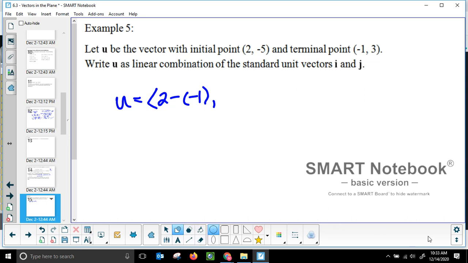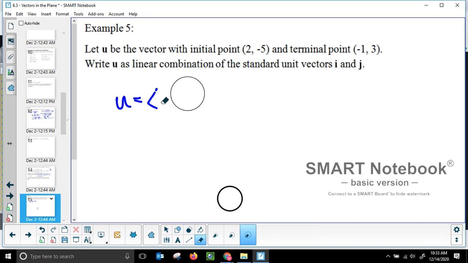Son of a biscuit. No, there we go. Okay, so now u is going to equal negative 1, whoops, son of a biscuit.